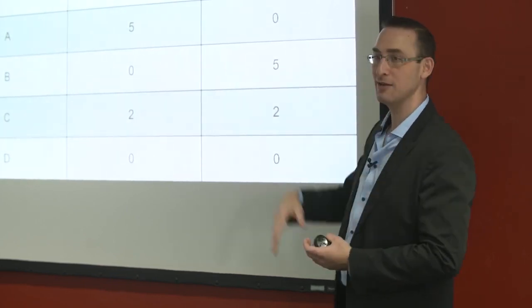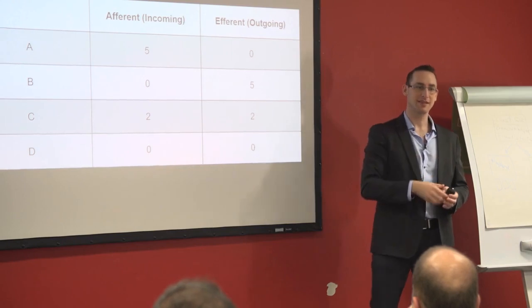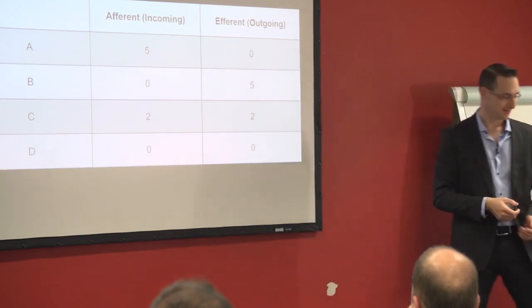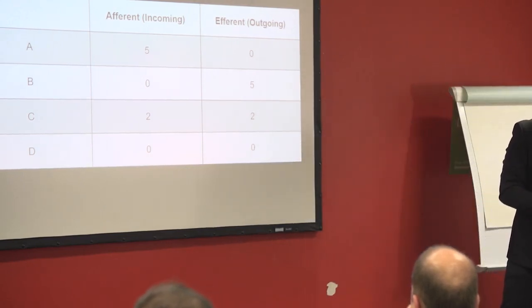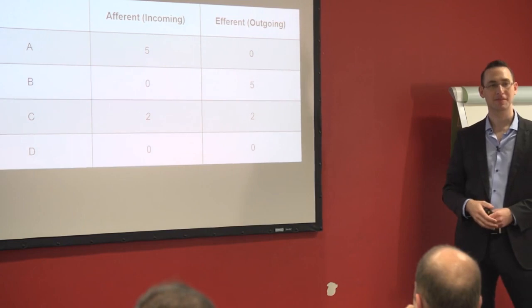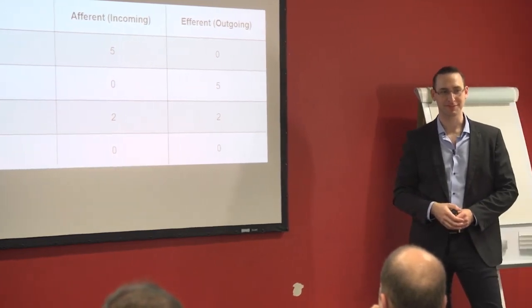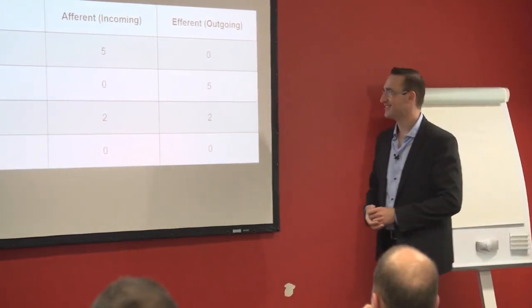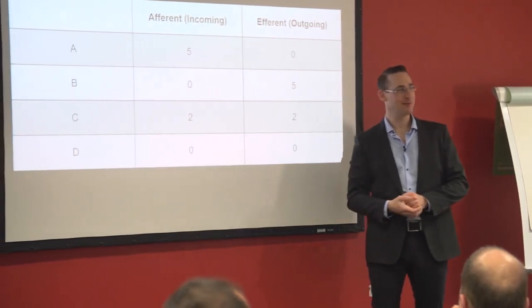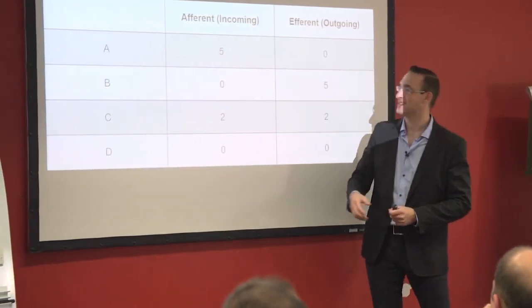How about B? Anybody want to say what they like about B? Yeah. Well, since it doesn't have any dependencies on it, then meddling with it won't mess up anything. All right. I'm not going to repeat that exactly.